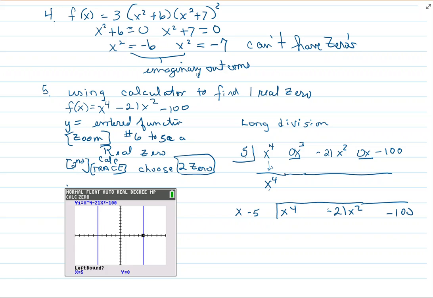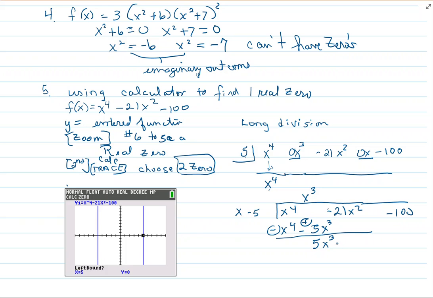So I'm going to multiply this into this. This is x to the 3rd. So I'm going to have x to the 4th minus 5x to the 3rd. I'm going to draw my line and change my signs. So that's going to be a negative here and a positive here. So I have that.